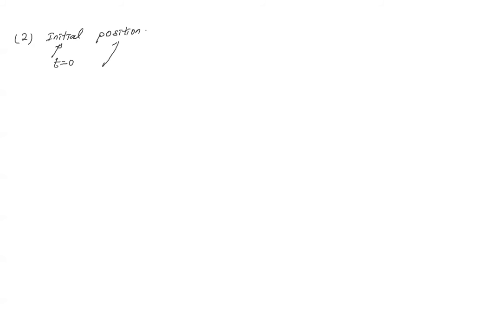Position? Equation S. Yes. So that means I'm looking for the displacement when the time is 0. That is called initial position. So these two make up: position means the S, initial means the T equal to 0.